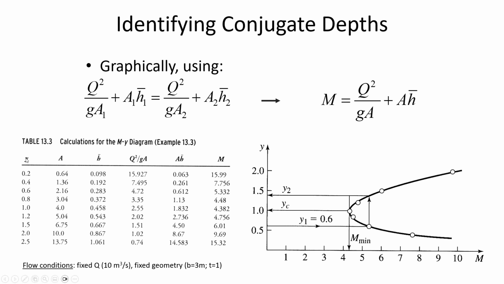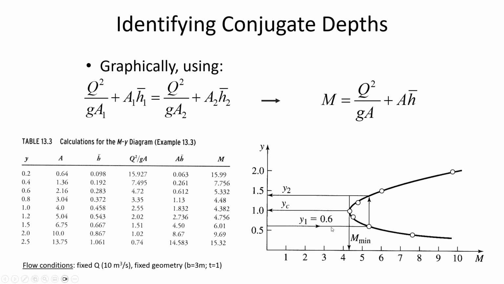That is, we can generate a table of various depths. What would be the cross section of the flow at that depth? What's the depth to the centroid, h bar? And then calculate the two components of the momentum function, the dynamic and the static, and then combine them together. To find the new depth downstream with this graphical approach, you start with your original depth.